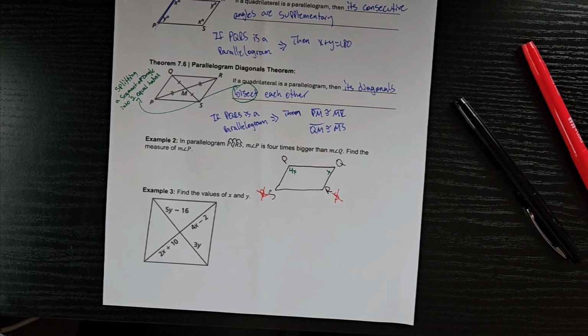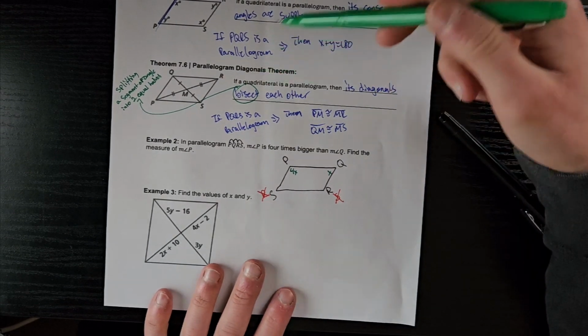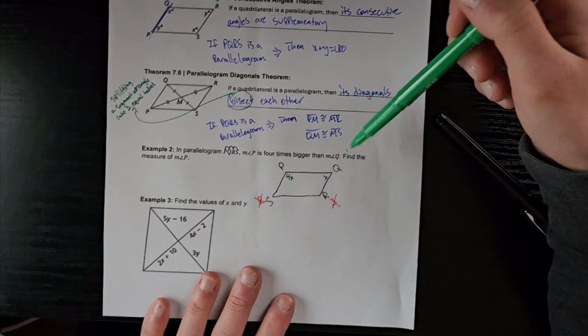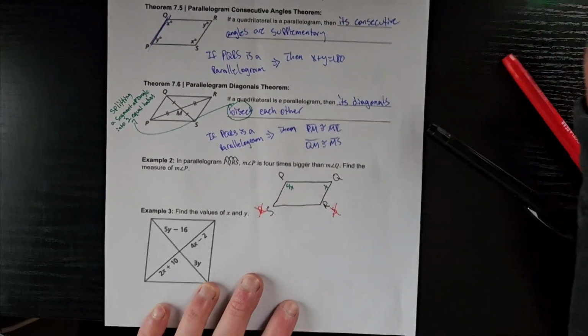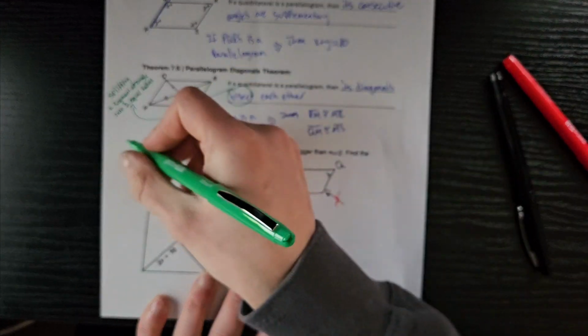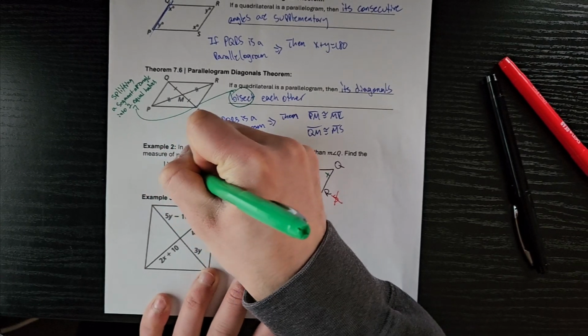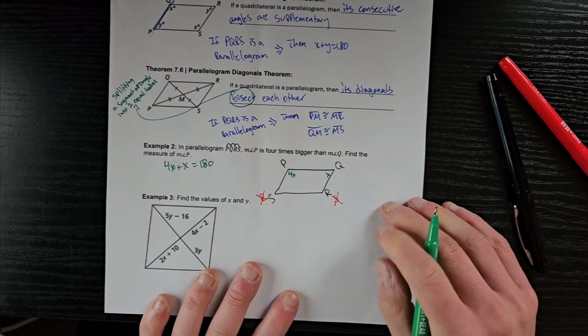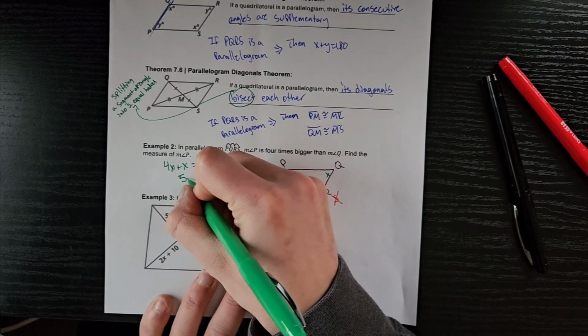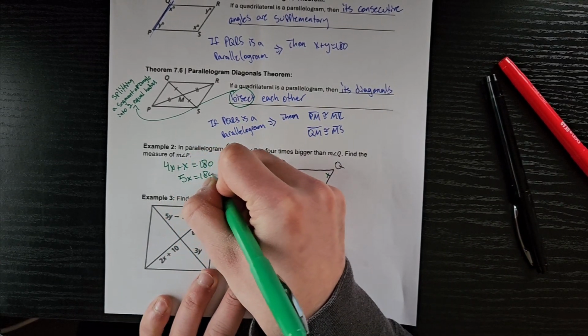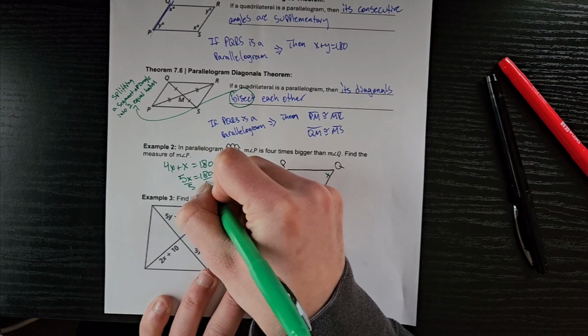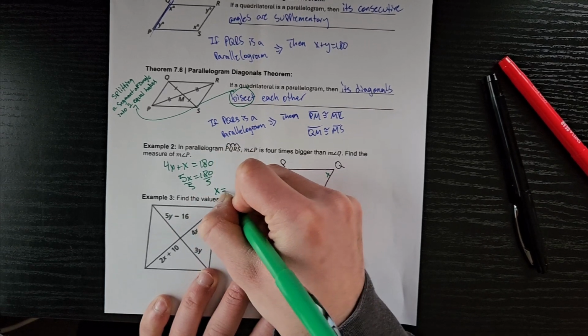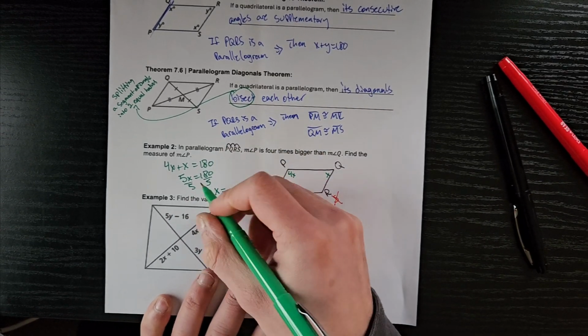What I mean by this is that these 2 angles are going to be consecutive angles by theorem 7.5. So that means I can do 4x plus x is equal to 180. Then I can combine my x's to get 5x is equal to 180. Divide that by 5, and that will leave me with x equal to 36.